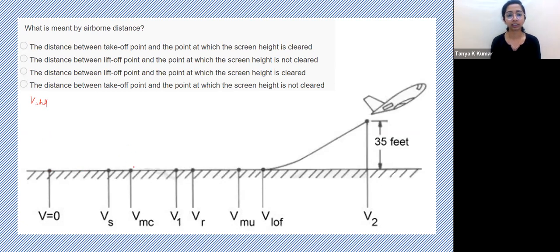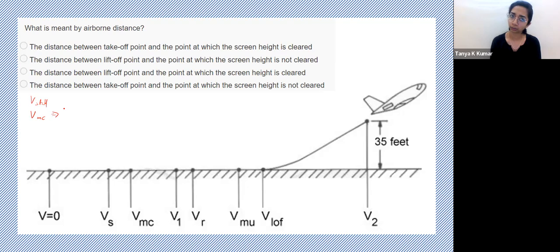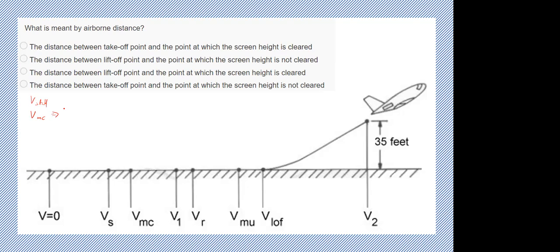Next condition that is imposed upon is VMC. What is VMC? Minimum control. And what is that? The speed at which the rudder, we can say it is functional. Rudder is functional at all speeds, right? No, ma'am, it isn't.